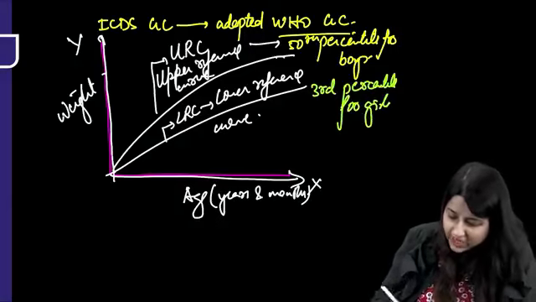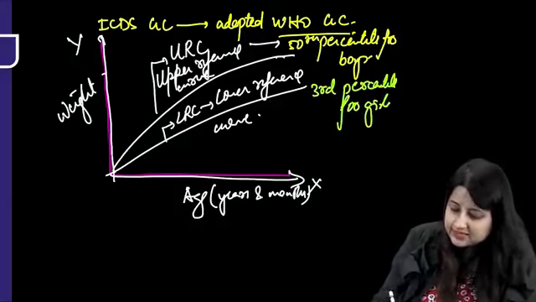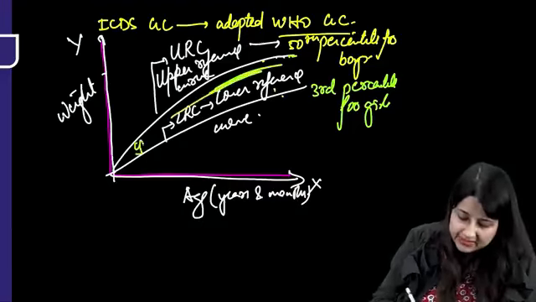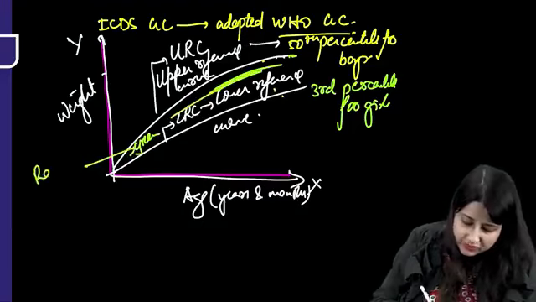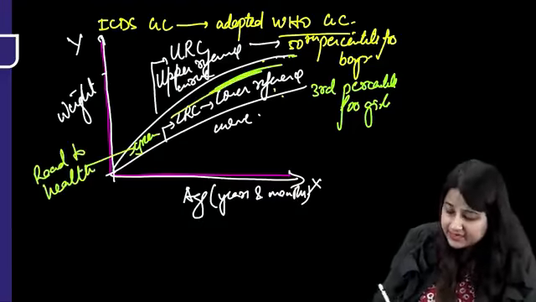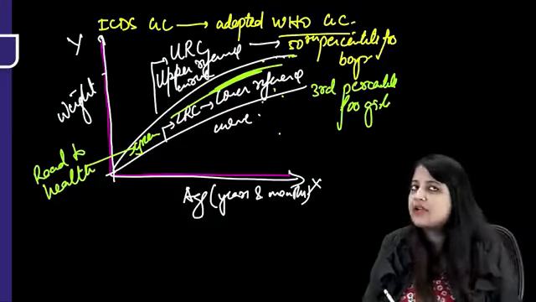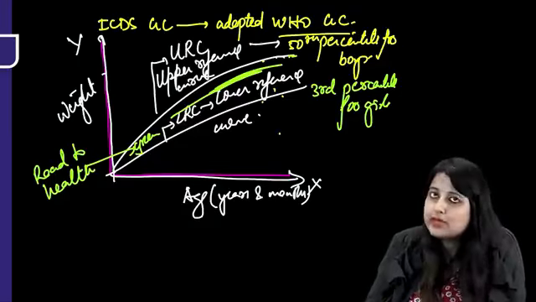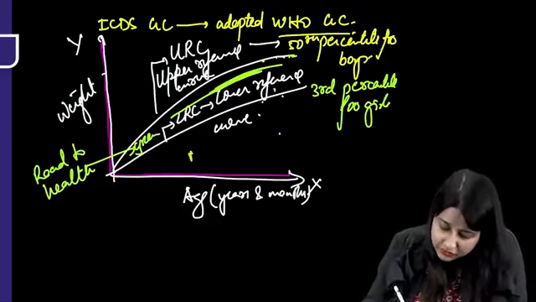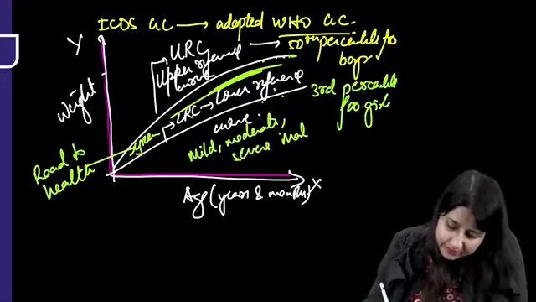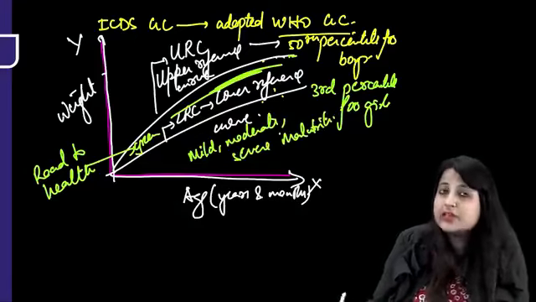Now, if any child is between this upper reference curve and lower reference curve, this is what? The green zone. Green zone indicates road to health, means the growth of the child is adequate. But if he is below this, this is an area of yellow to red. Basically, here we have 2 lines. So, below this is just an indicator that baby is malnourished, mild, moderate, severe. So, WHO growth chart has only 2 lines.